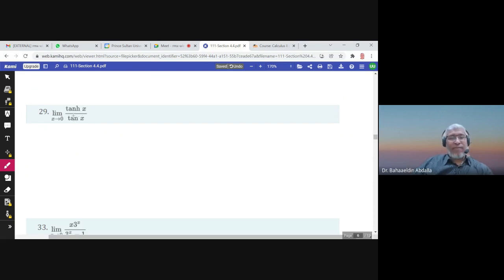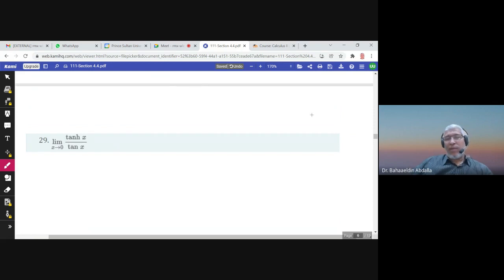Hyperbolic tan of 0 is 0. Hyperbolic tan is hyperbolic sine over hyperbolic cosine. So that's the definition. So if I replace x by 0, 1 minus 1, 0 over 2, so it is 0 over 0. Tan 0 is 0. I use L'Hopital's rule.